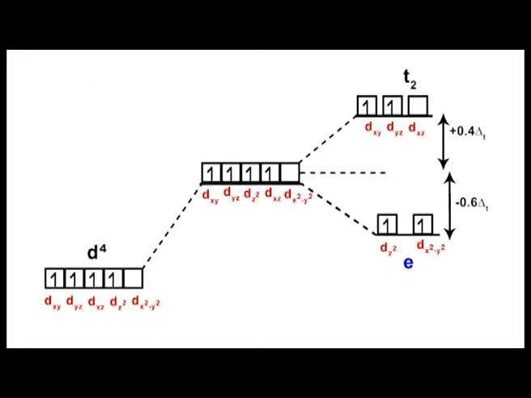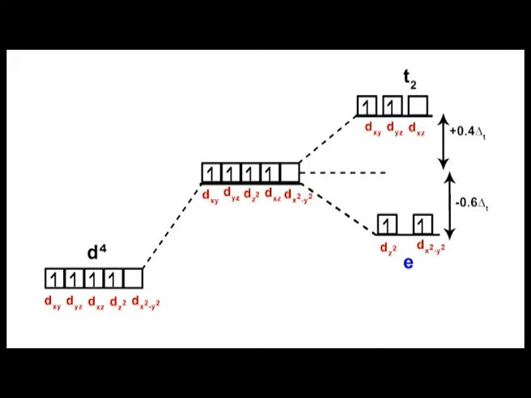Since the value of crystal field splitting for tetrahedral arrangement is always smaller than the pairing energy, all 5 d orbitals, even in split form, will first be singly filled, and only then will pairing start.